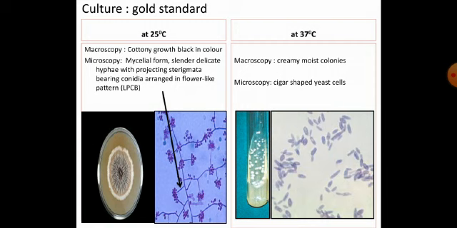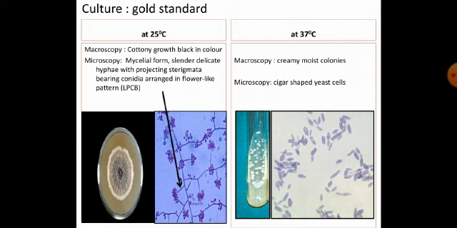The thin long ones that you see is the delicate hyphae. From these delicate hyphae are arising these sterigmata, and these sterigmata at their ends they bear these conidia which are arranged in a flower like pattern. This is very classical of sporotrichosis. This is at 25 degrees Celsius.